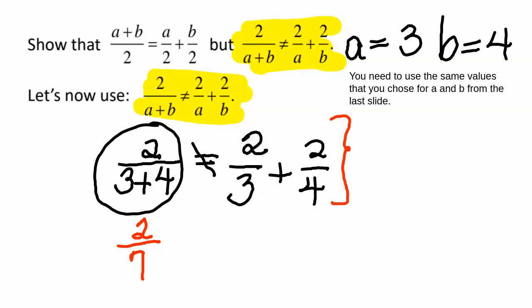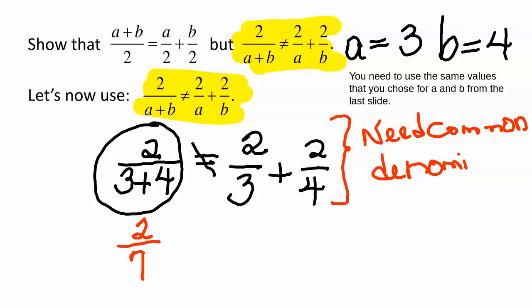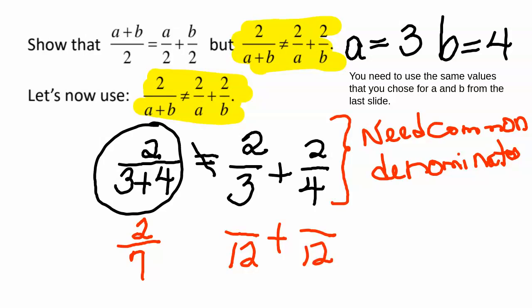But this side, you need common denominators to add. And that means that this common denominator is going to be 12. This will give me 8. This will give me 6.